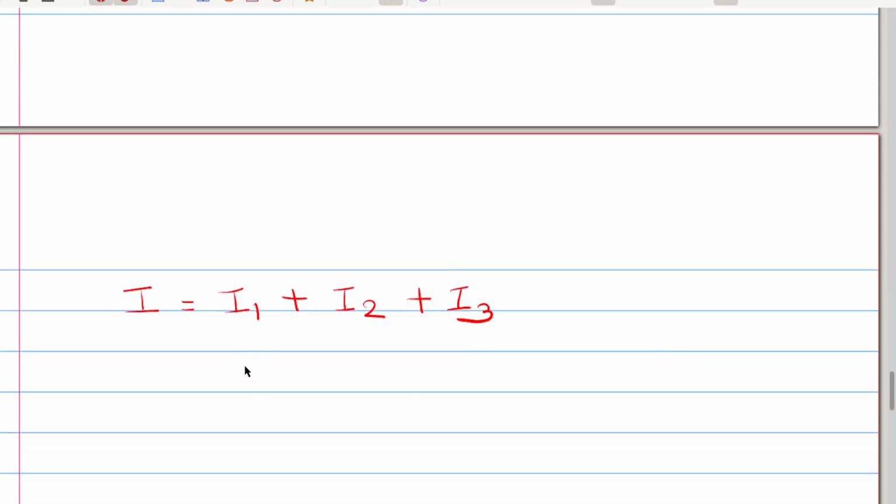Now substituting the equation, I is equal to V by R1 plus V by R2 plus V by R3.